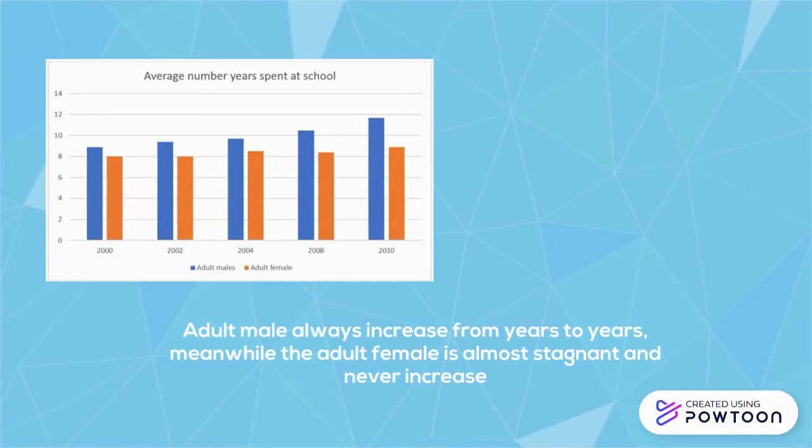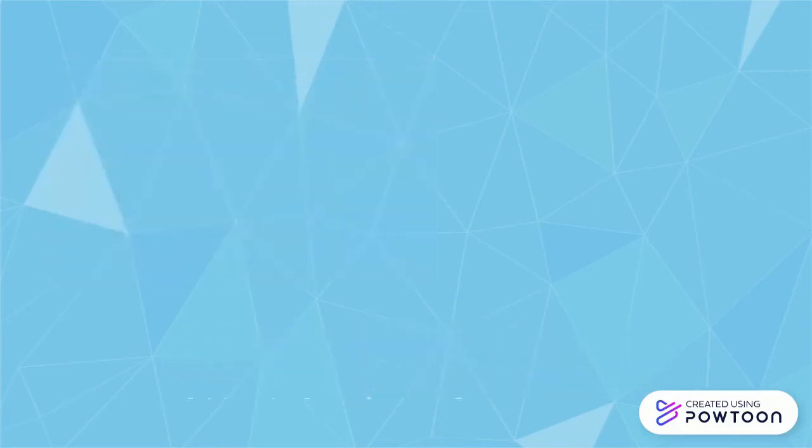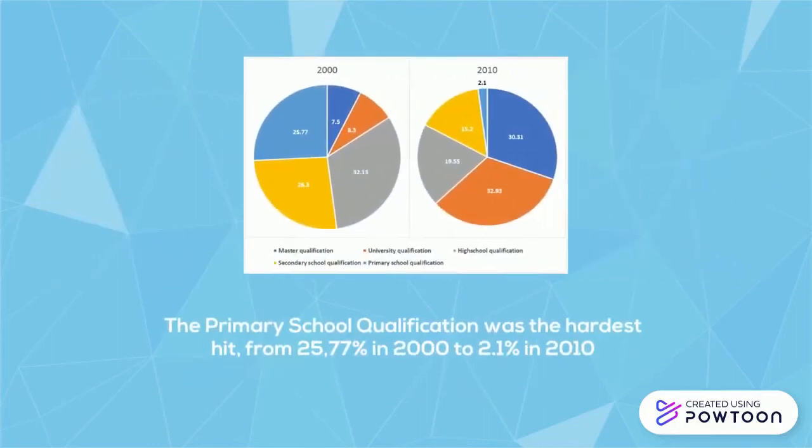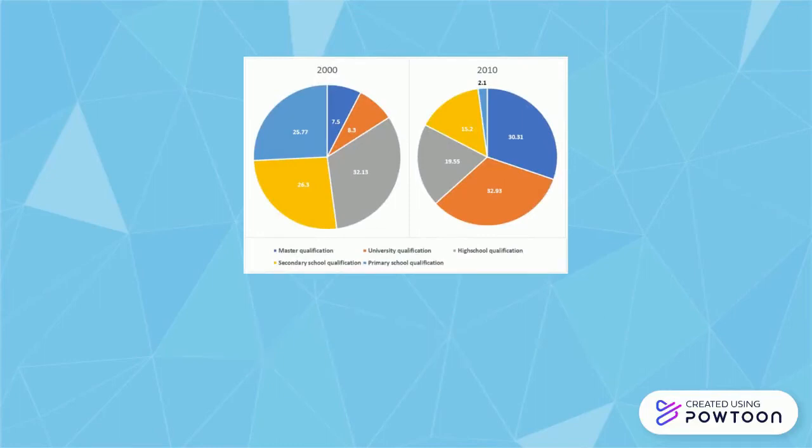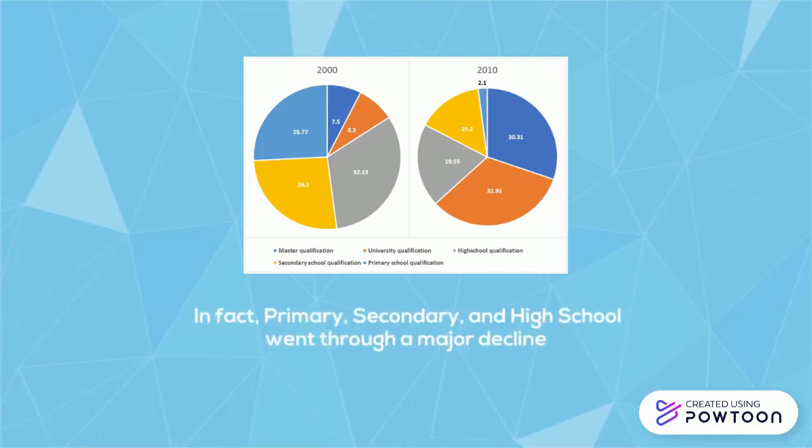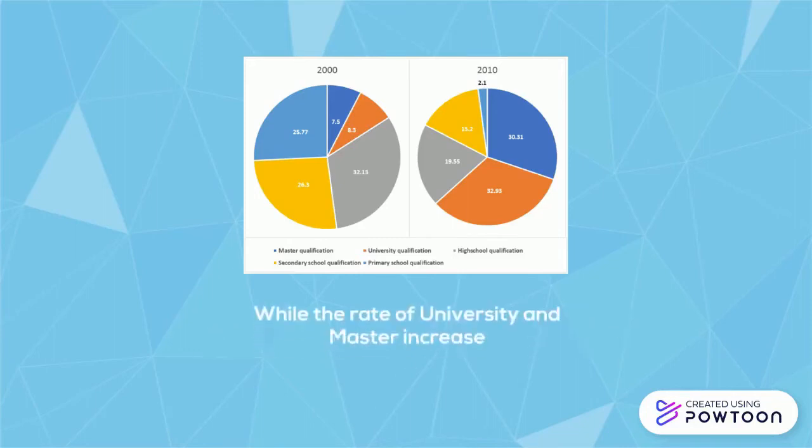Meanwhile, primary qualification was the hardest hit as it declined sharply from 25.77% in 2000 to 2.1% in 2010. It was very bad because in fact, primary, secondary, and high school all went through a major decline, while the rate of university and master increased steadily.